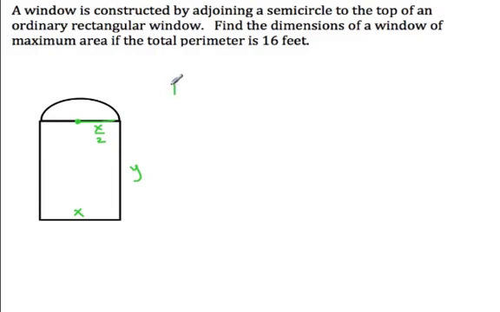So the perimeter, which is 16, equals, what would that be? The perimeter would be 2 y's, 1 x, and the perimeter of a half circle, this semicircle, is 2 pi r divided by 2.